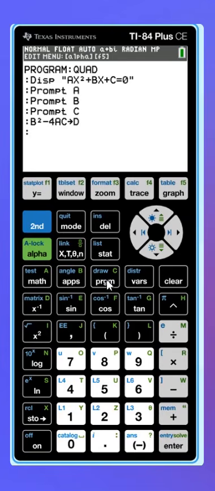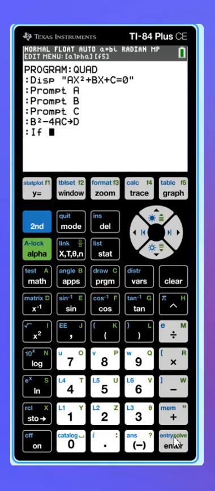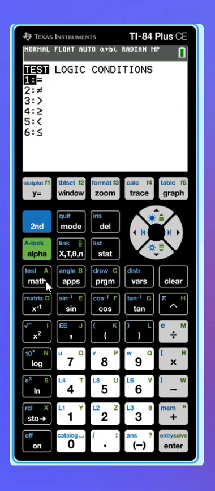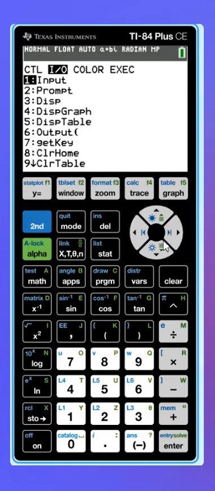And now we're actually going to do a pretty fancy programming language with doing an if statement. So we're going to do if the discriminant, so D, is less than, so I have to do that test again, if it's less than 0, and then right afterwards we're going to tell it what we want to show on the screen.